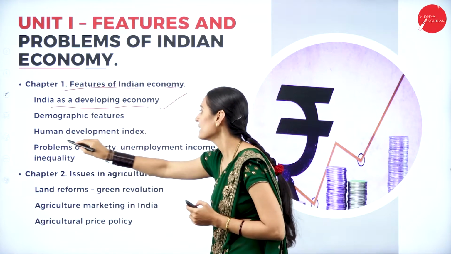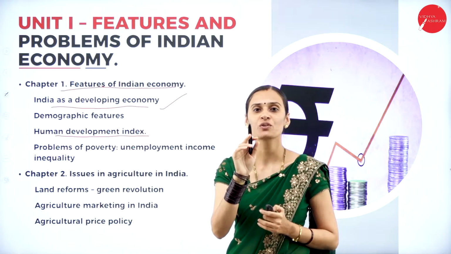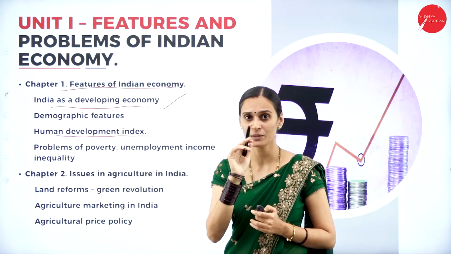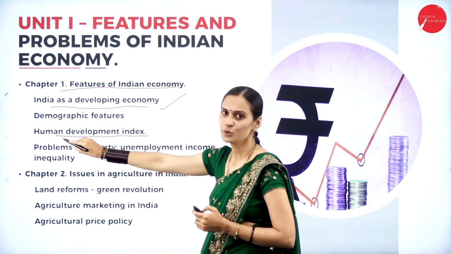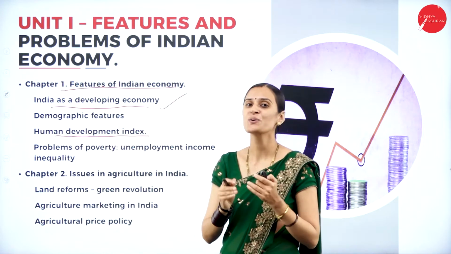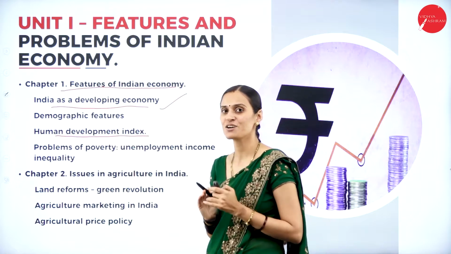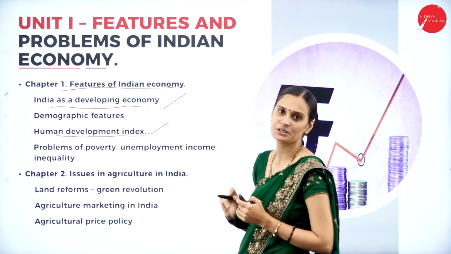And the next one, the Human Development Index. What is the position of India according to the Human Development Index? 131st position. Yes, what do you mean by the Human Development Index and how to calculate it? What are the indicators of the Human Development Index? We are going to discuss this in this content.